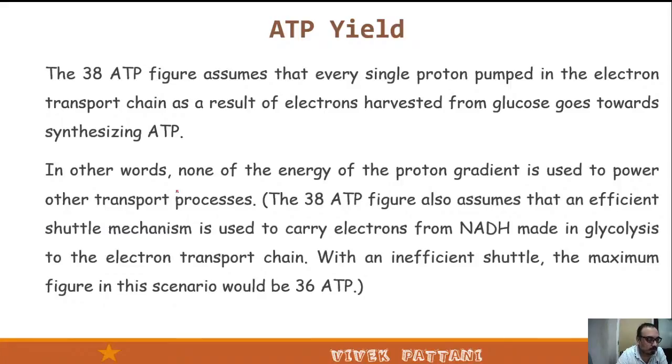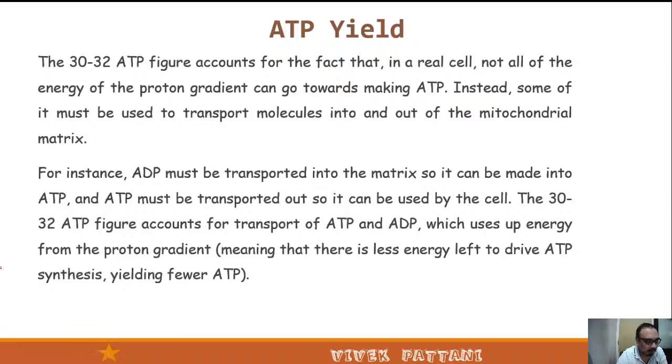Because in the mitochondrial membrane, the proton gradient also needs some power in order to transport protons. So there may be some shuttle system which helps to transport protons, which helps in a higher generation of ATPs.